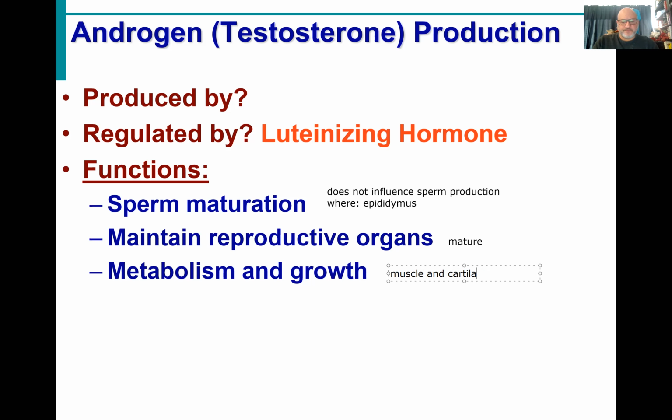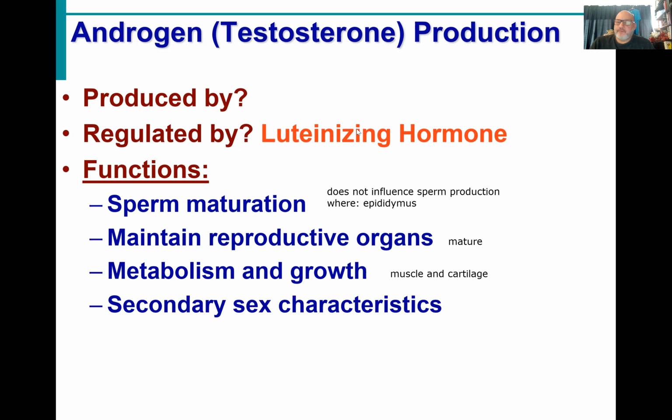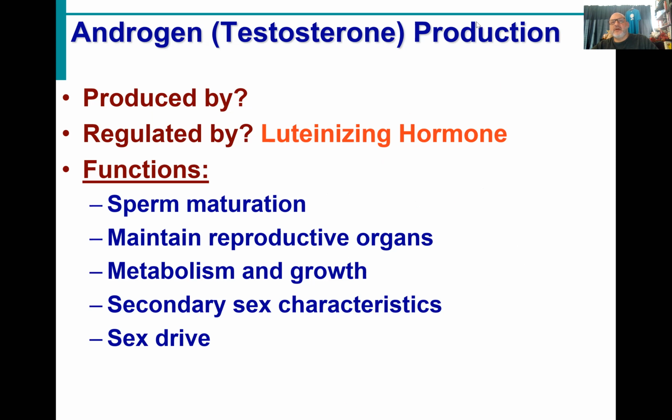I can spell cartilage. Muscle and cartilage. All right, all those secondary sexual characteristics like secondary hairs, right? Thickening of the vocal cords, making the deeper voice, enlarging the Adam's apple, all of those types of things as well. And of course, our sex drive and aggression, right? No new information there. We've talked about that already.